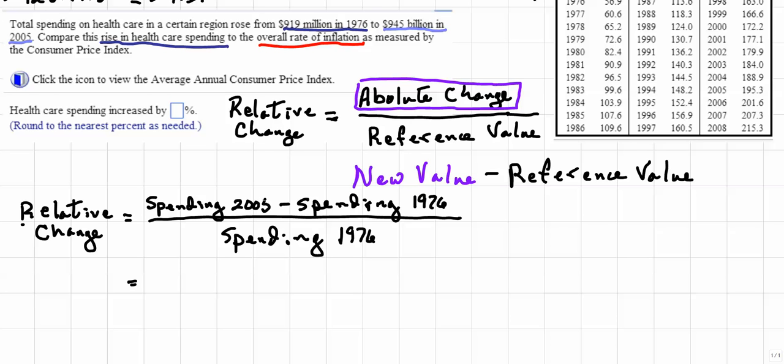So the spending in 2005 is $945 billion. Now I can do this as a large number, or I can use scientific notation, whichever I want to use. For this problem, we're simply going to write out the numbers. So the first number is 945 billion. That's the spending in 2005. So we'll write that out.